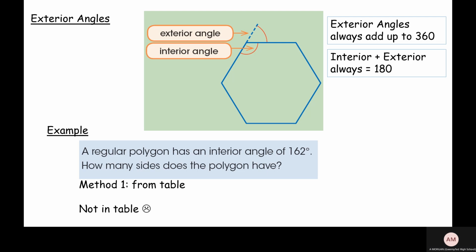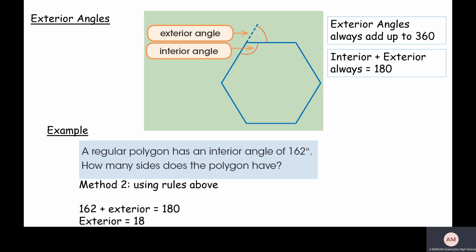So if the interior angle is 162 and interior and exterior add to 180, that means that the exterior must be 18.